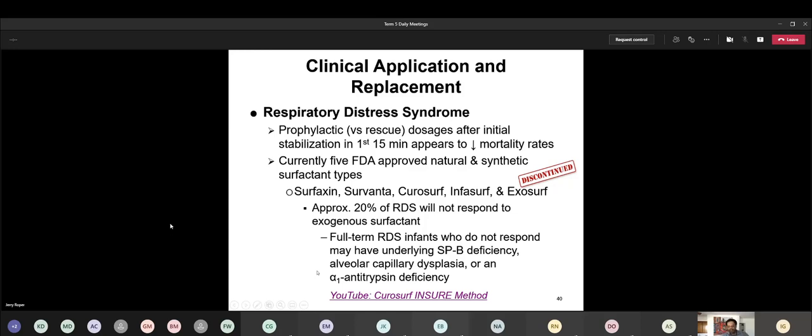Let's say you were starting off in a pressure control of 24, and then you looked at the average volumes being delivered to the baby, maybe about 10 cc's. Then you give the surfactant and wait and watch to see what happens. Within a few minutes, you may notice that volume jump from 10 cc's to maybe 50 cc's.